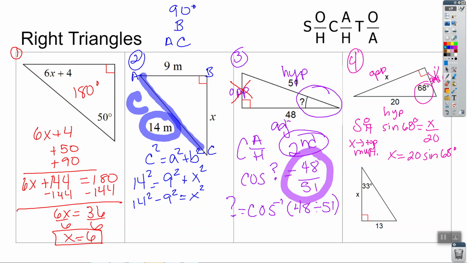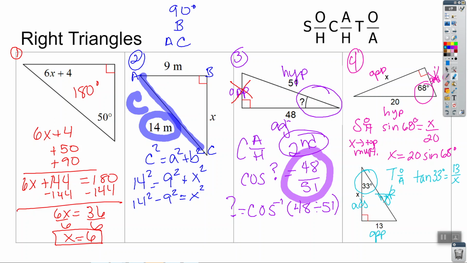Last triangle on the page. I'm going to pick 33. I'm going to label my opposite, my hypotenuse, and my adjacent. Crossing out my hypotenuse, I'm left with TOA. So tangent of 33 equals 13 over x.